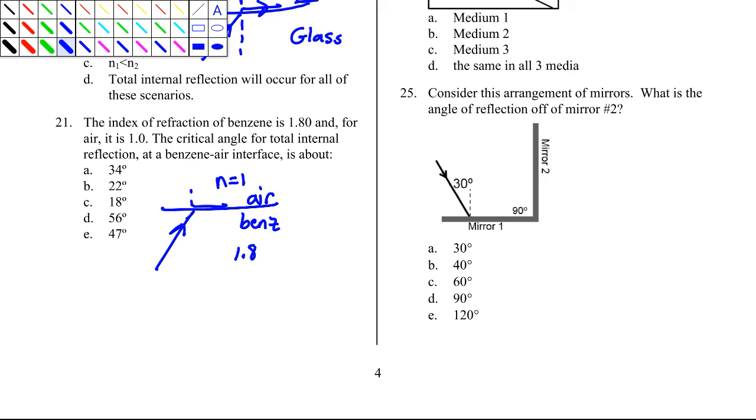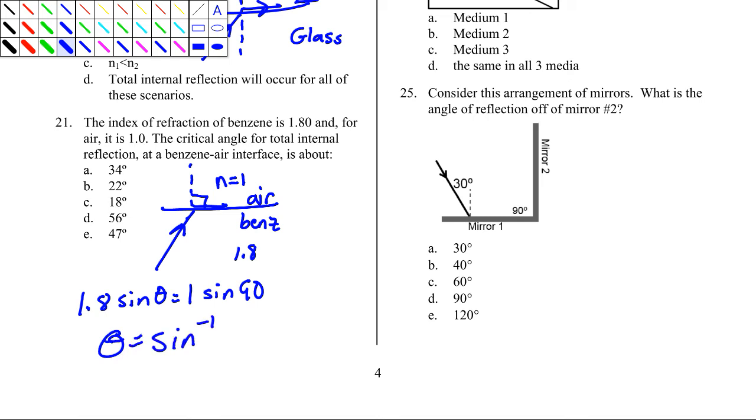I know that this angle has to be 90, so it's going to be 1.8 sine of theta equals 1 sine of 90. And then I solve this for theta. I get 34 degrees.